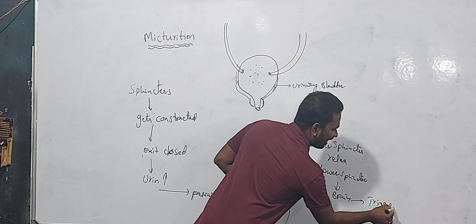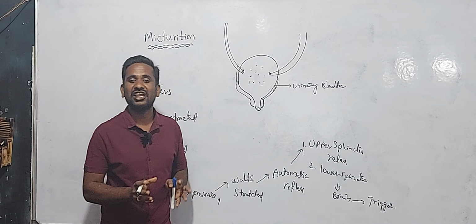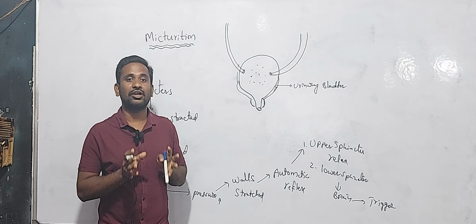It will give some pain in our muscles, in our urinary bladder. Much more pain, you cannot hold anymore. That pain increases. When the levels of the urine increase in the urinary bladder, automatically the pain increases. It triggers us to perform the micturition process.